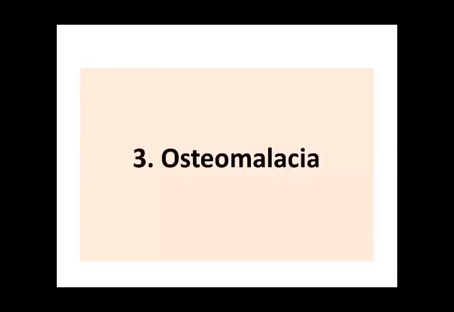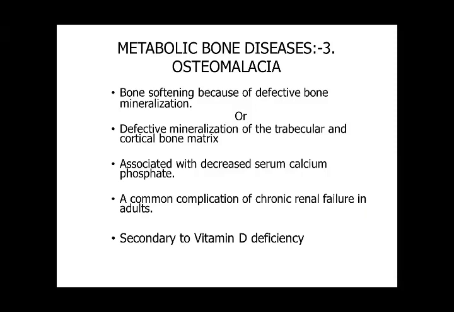So osteomalacia is secondary to so many things. If vitamin D is absent, if there is renal failure, if there is decreased calcium in the bone, what it results in is always defective calcification of the bone matrix.